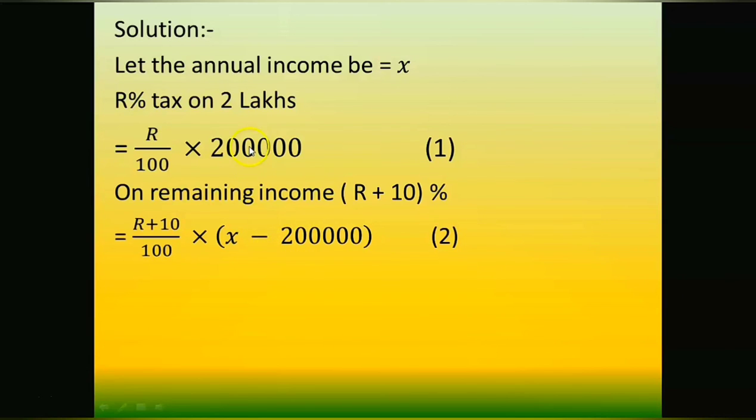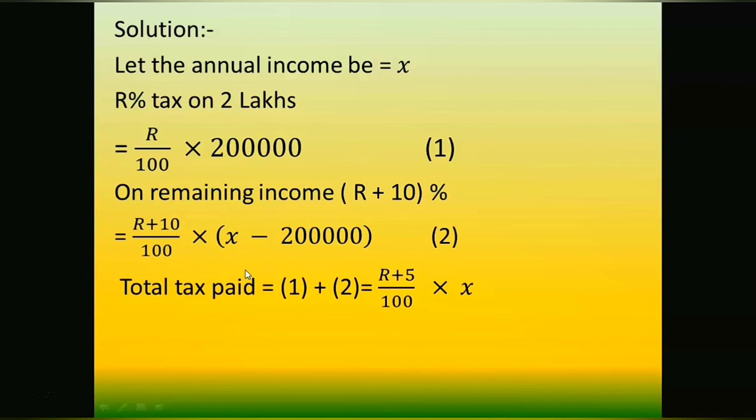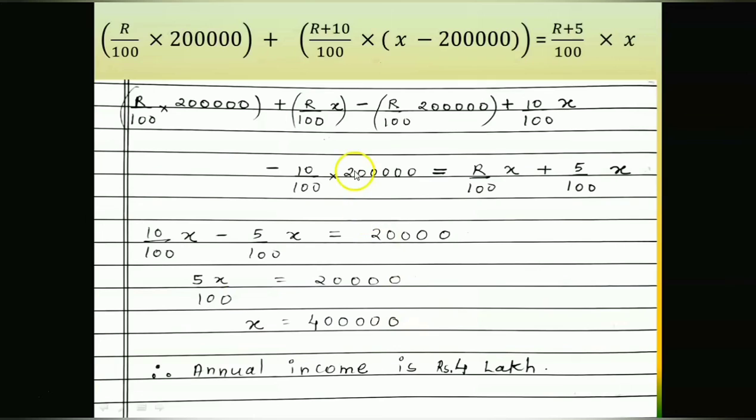This tax plus this tax, that comes out to be equal to r plus 5% of the annual income. So the equation will be this quantity plus this quantity, which is equal to r plus 5% of the annual income, which is x. So we will have to solve this equation to find out the value of x because we are asked to find the annual income.